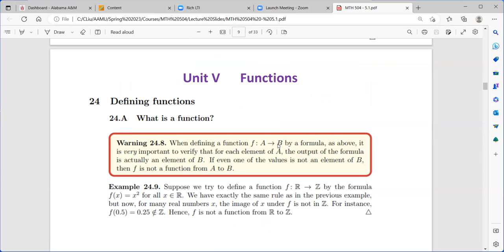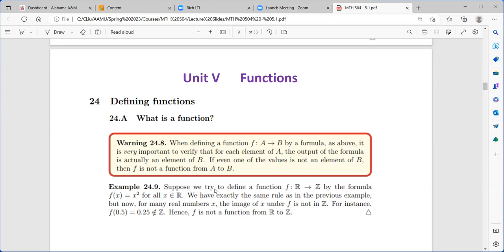For example, if we define a function f from R to Z, so R is the domain and Z is the codomain, by the formula f(x) equals x squared for all real numbers x, does that give a function?